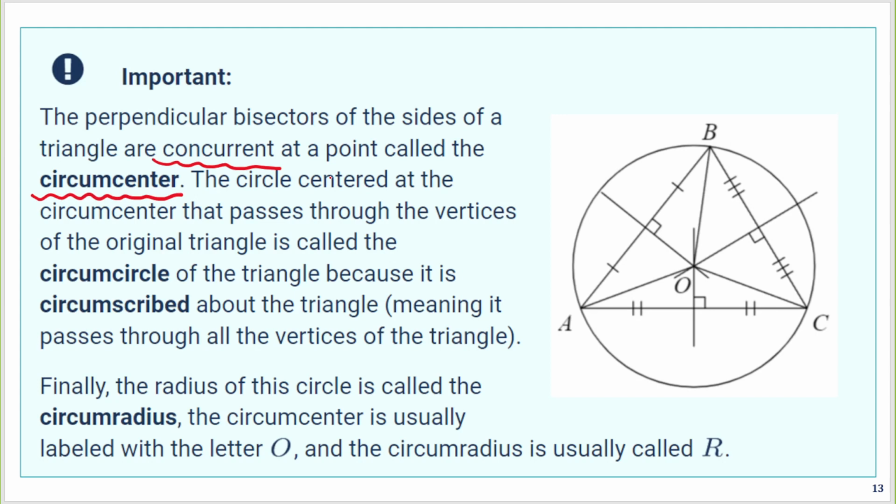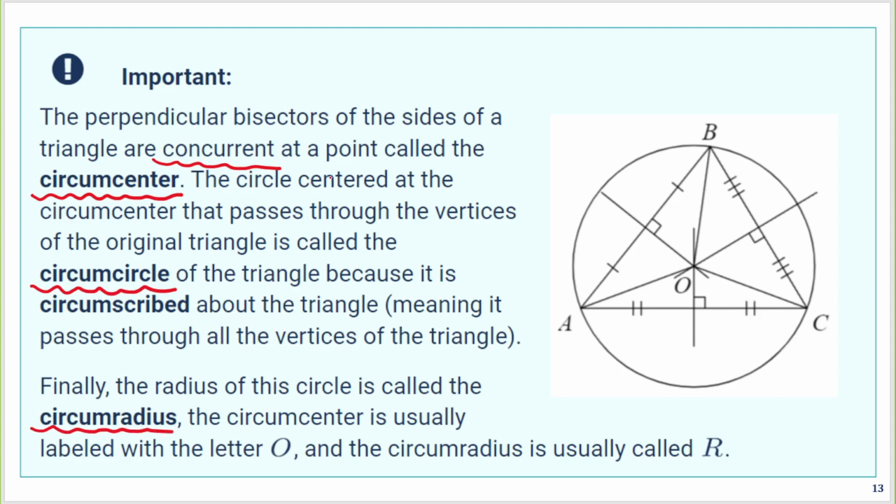The circle centered at the circumcenter that passes through the vertices of the original triangle is called the circumcircle of that triangle because it's circumscribed about the triangle, which means it passes through all the vertices of the triangle.